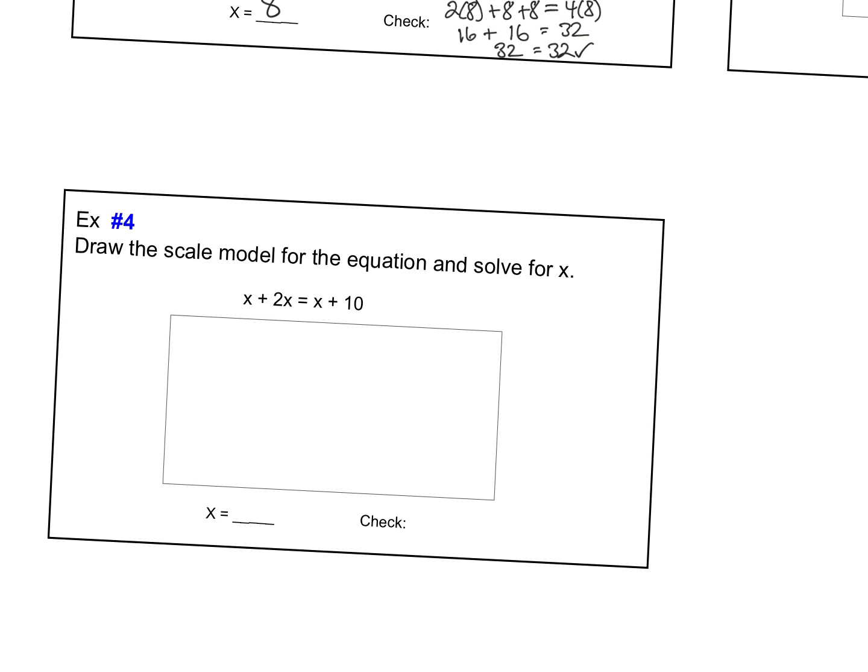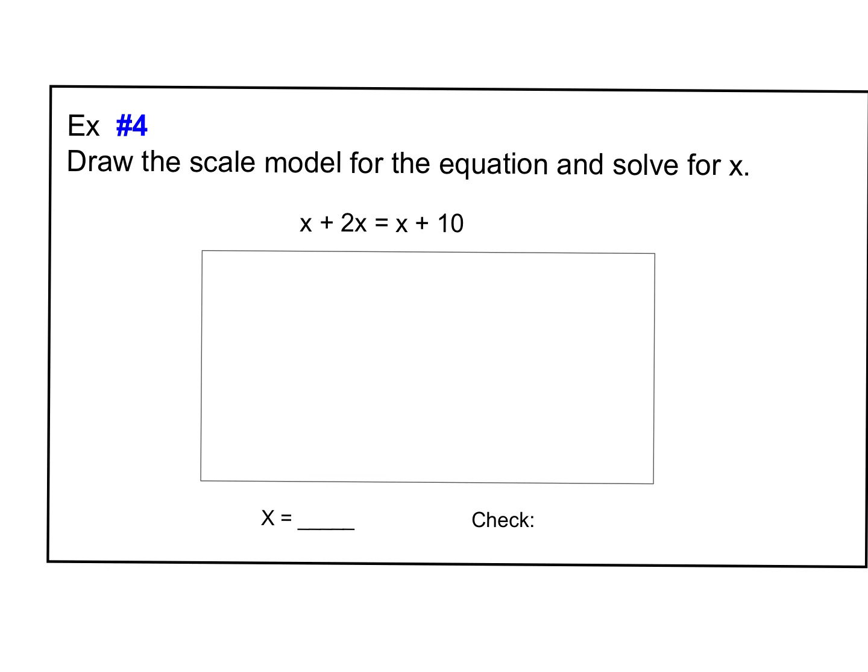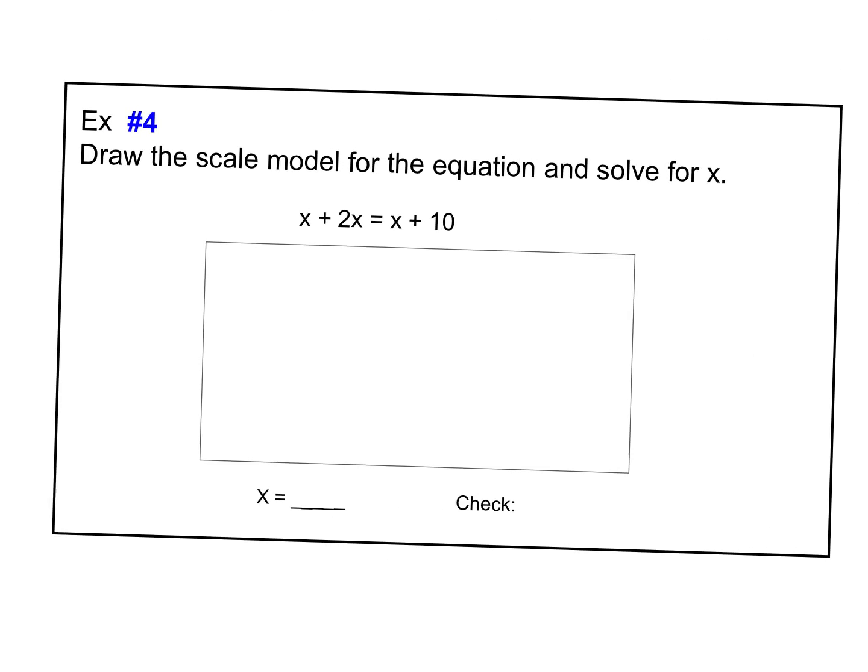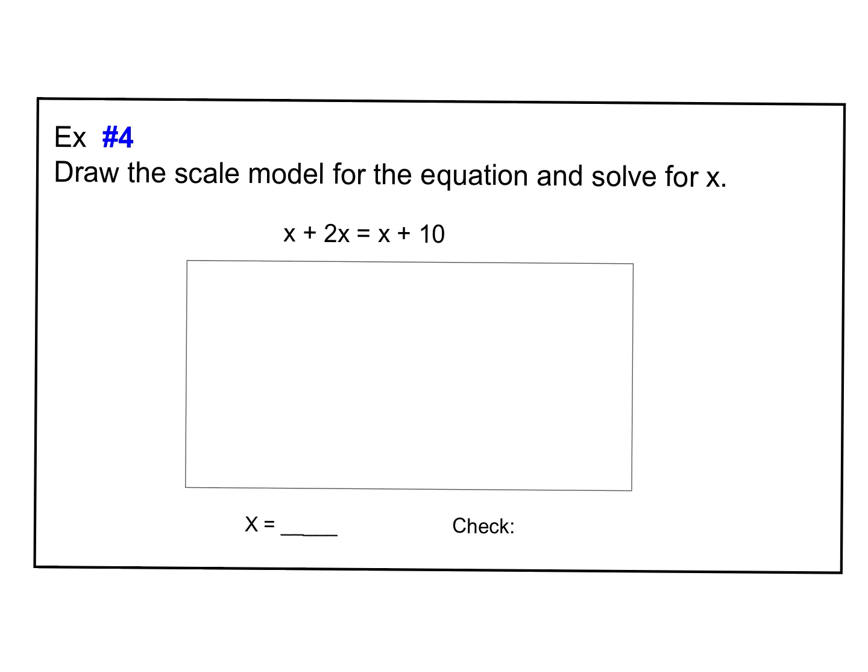All right, and one last problem for you to try. Once again, go ahead and pause, try the problem on your own, and then you can come back and check. So I have a triangle plus 2 more triangles are balanced with a triangle and 10.